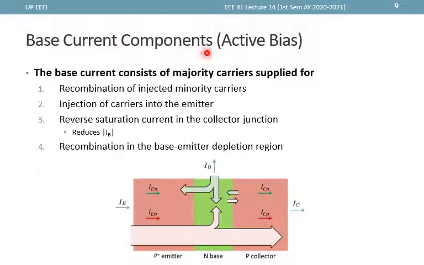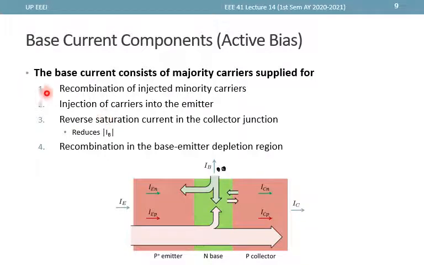So in a bit more detail, under active bias, there are base current components. The base current consists of majority carriers. In the case of PNP, majority carriers in the base are electrons that must be supplied, number one, to supply the recombination that is happening in the base of injected minority carriers, meaning the holes injected into the n-type region from the emitter.